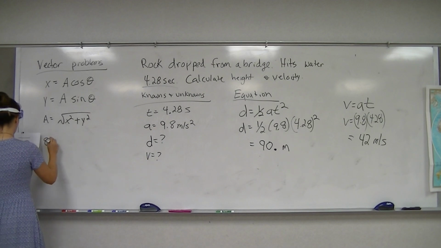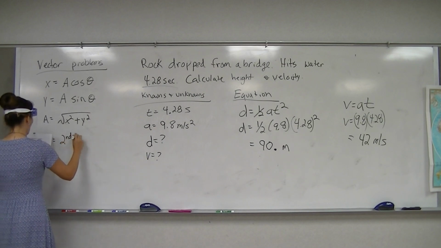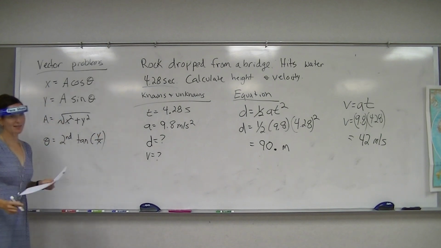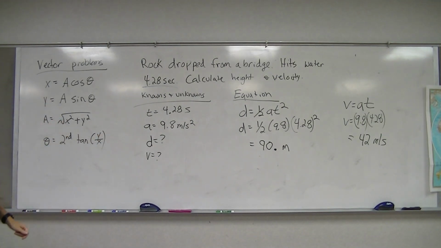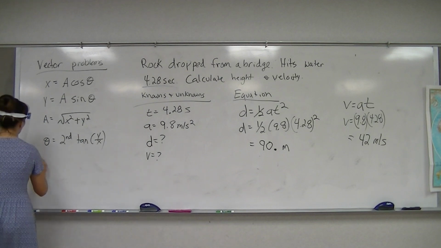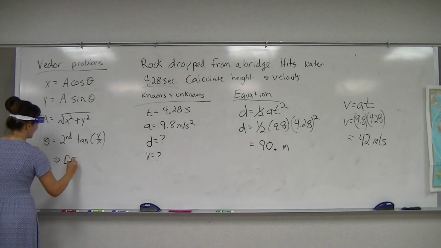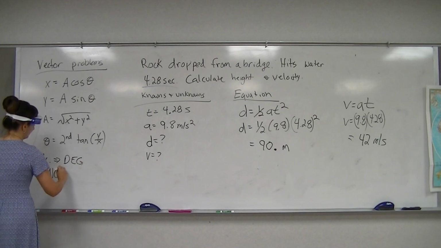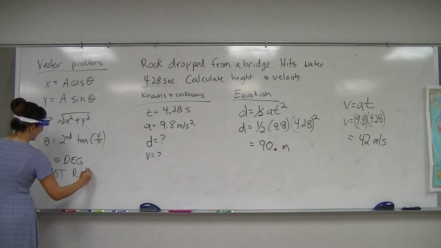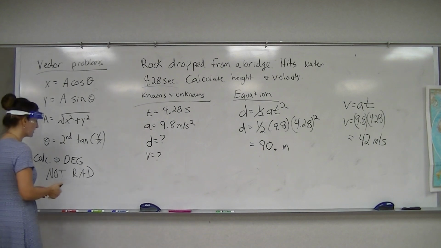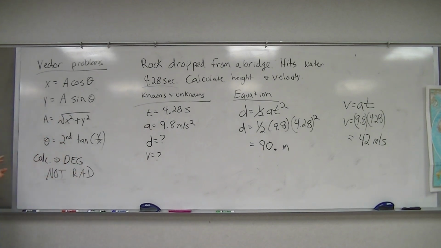So, one thing about vector problems. Your calculator needs to be in degrees. So DEG, not radians, RAD. The most common mistake I have seen with these types of problems is people are calculating them and they're doing them correctly.